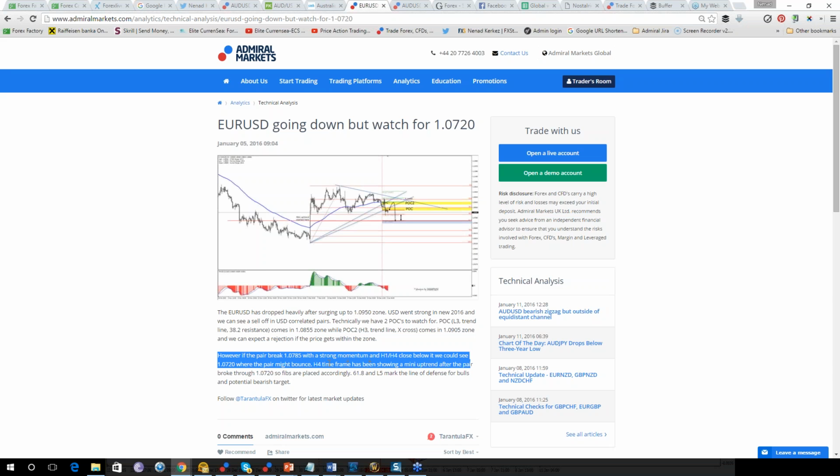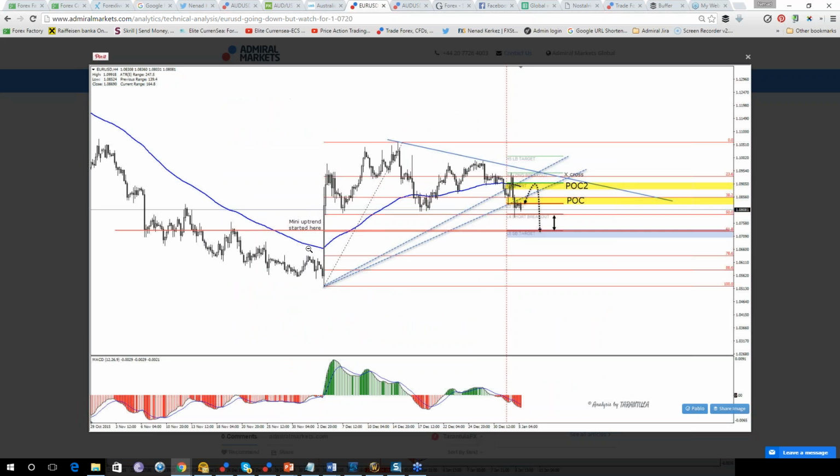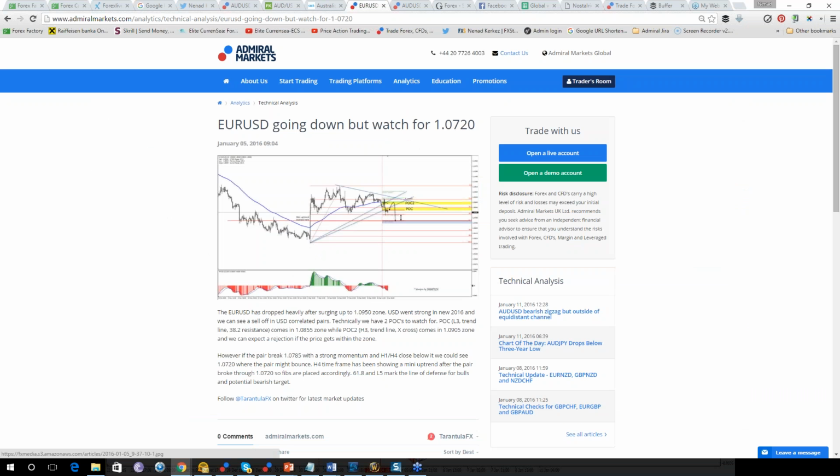The 4-hour time frame has been showing a mini uptrend, so fibs are placed accordingly. These were the fibs for potential buy trades, because we had a big candle here, and you see 0.720, and this confluence marks the last line of defense for bulls.